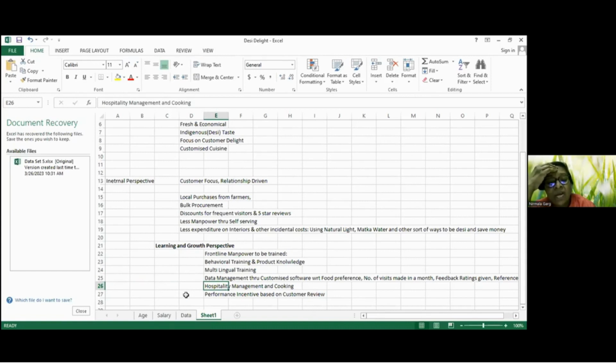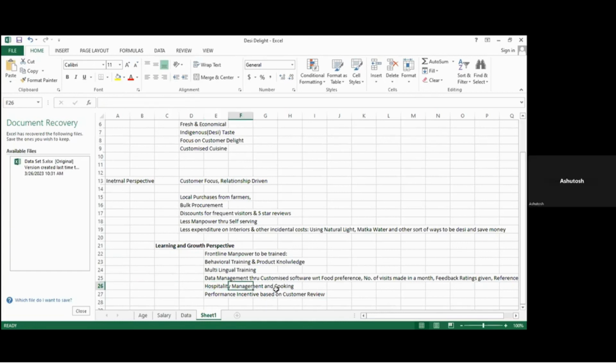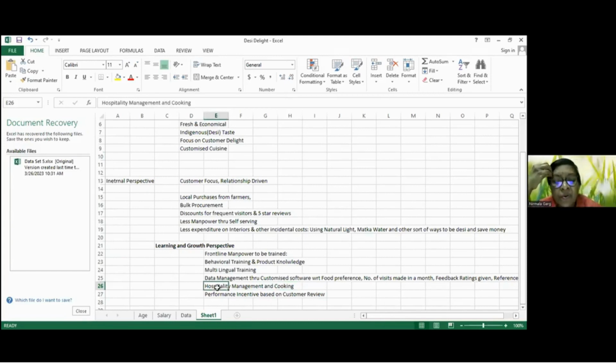Then next is, what is it? Hospitality management and booking. What is this? To train the staff on new stuff, introducing new cuisine. So typically this is production, no?